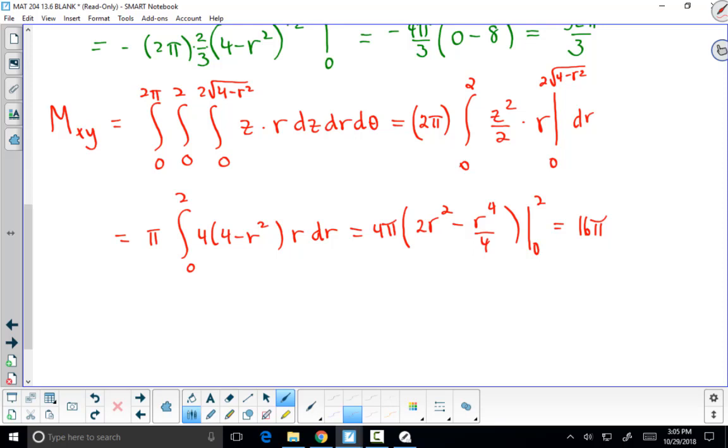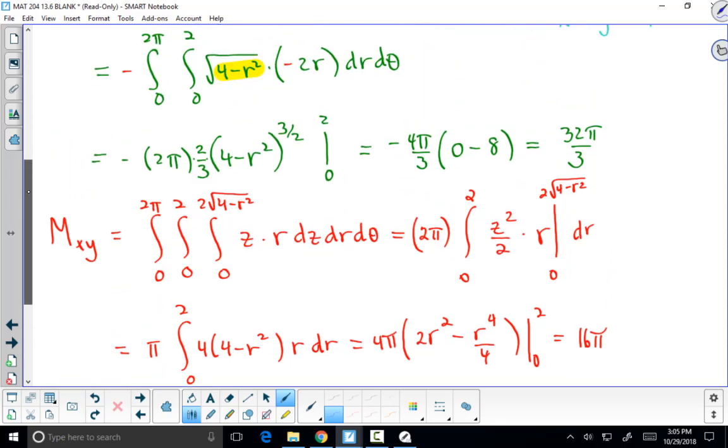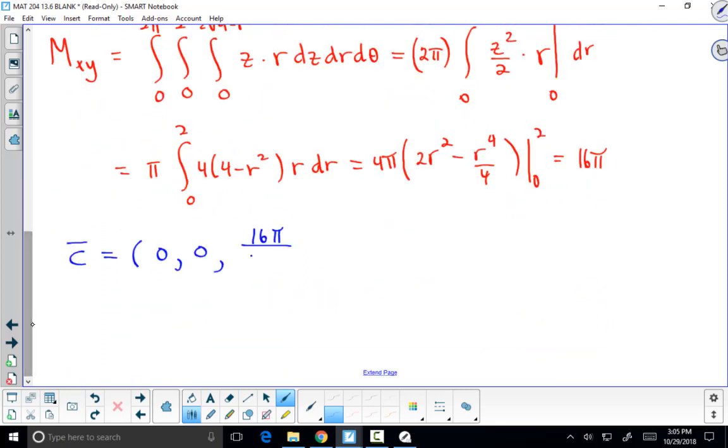Just do that over the other one. So we're going to divide then. So our center of mass is going to be 0, 0, that moment divided by our mass, 32 pi over 3.